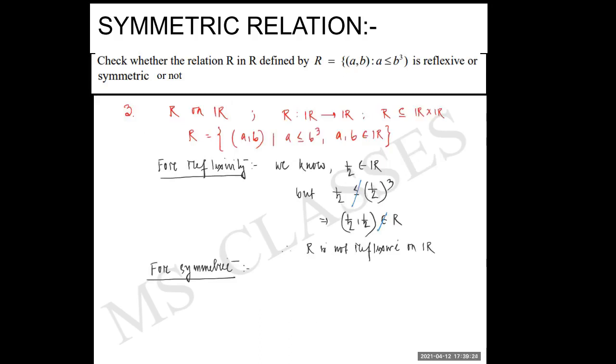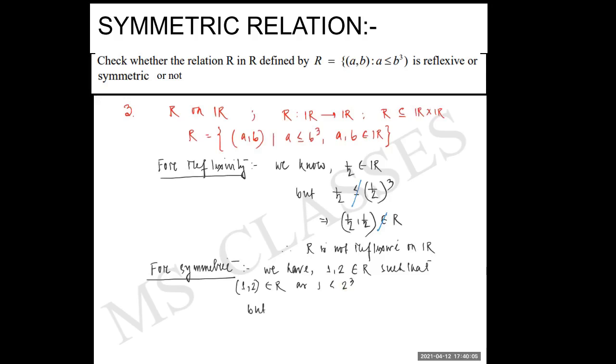Next, come to this one. So here what we do, we take, write it down, 1 comma 2 belongs to R. Why? As 1 is less than 2 cube.